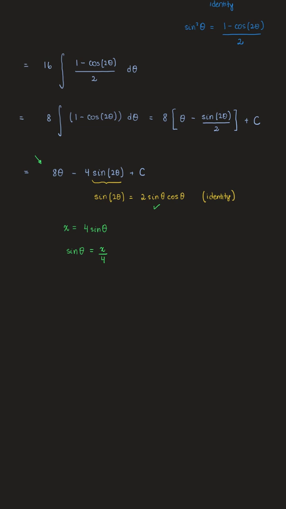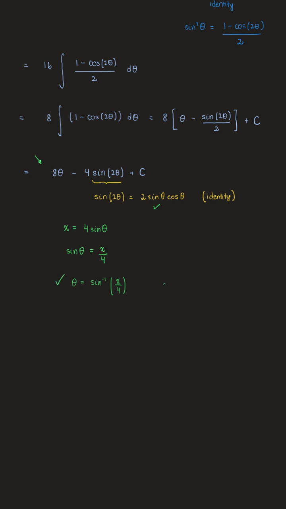But let's find theta. Because we know that sine of theta is x over 4, I can apply sine inverse to both sides of this equation and find that theta is going to be sine inverse of x over 4, right? The angle whose sine is x over 4. That is theta. So we have found theta.